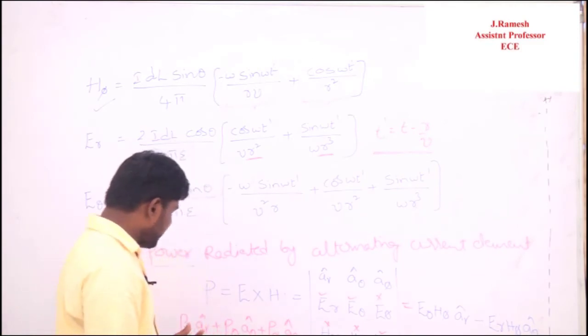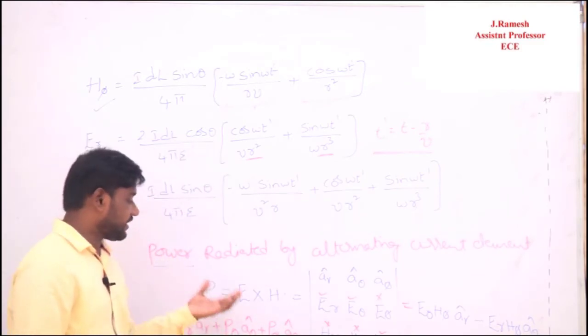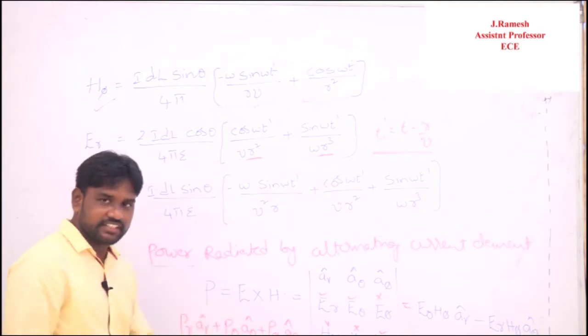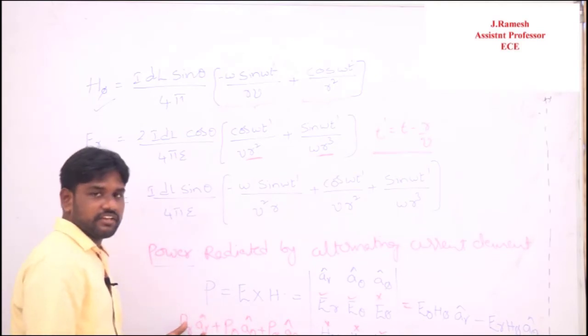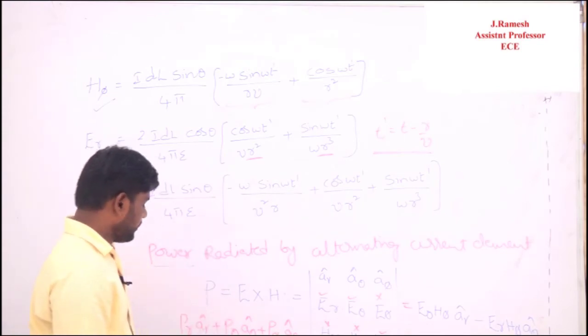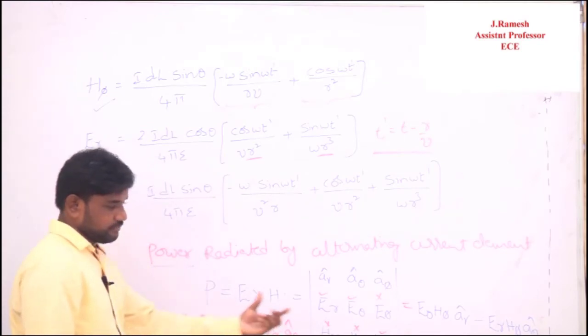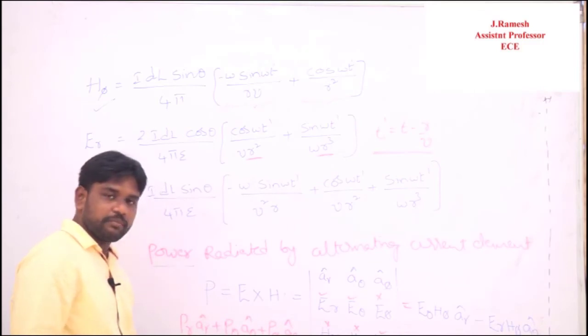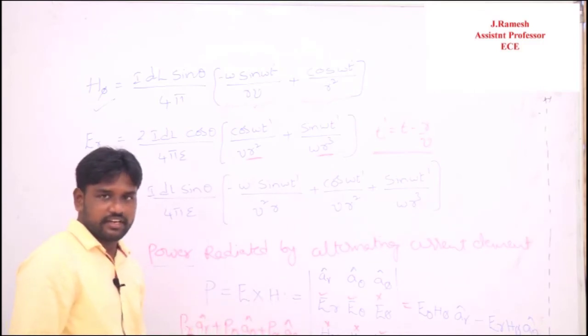The power radiated per unit area, what it is exactly giving from the Poynting theorem, is the power radiated per unit area. I am going to take now. So here I am having the PR term in the R direction, I am having the P theta term in the theta direction.